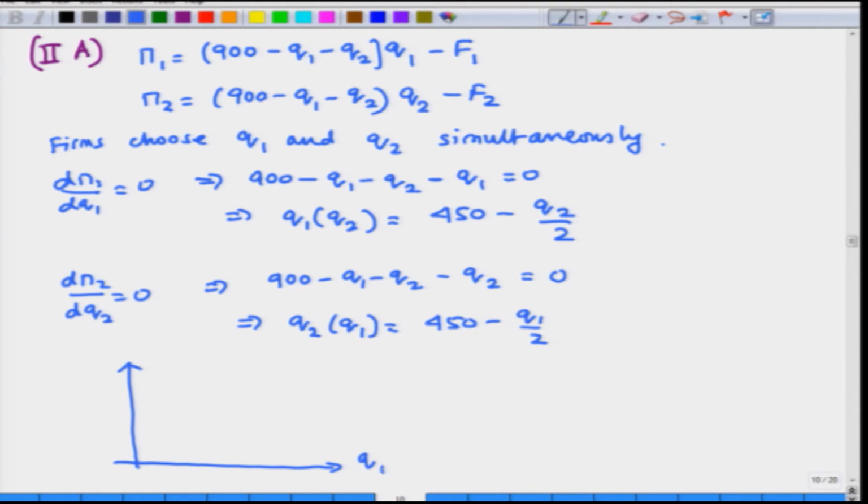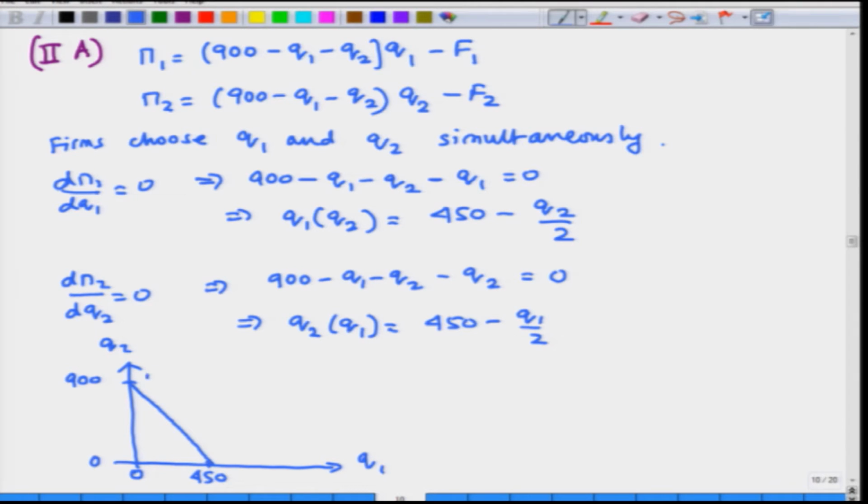So, we have q1, we have q2. If q2 is equal to 0, firm 1's best response is to produce 450. So, this is 450, whereas if q2 is equal to 900, firm 1's best response is to produce 0 units.